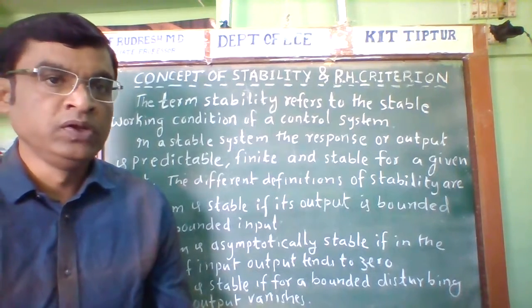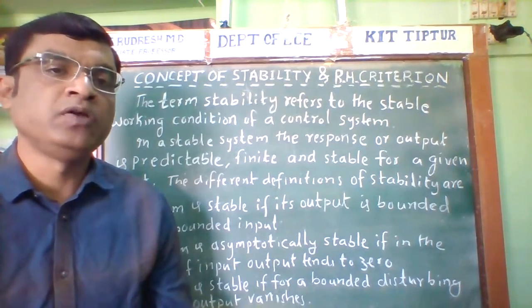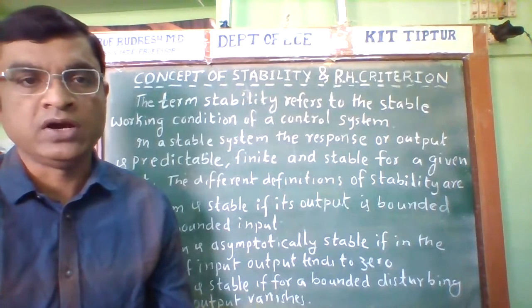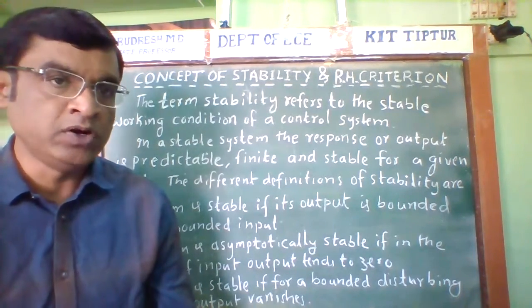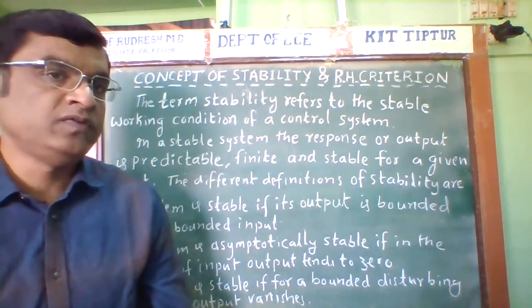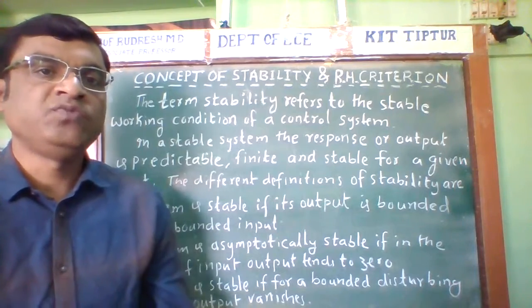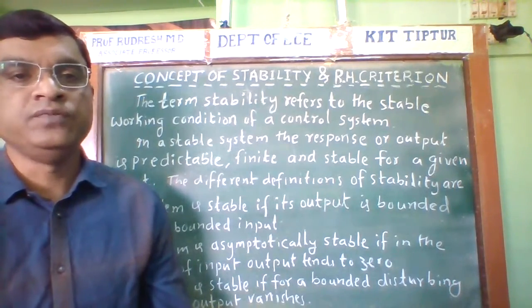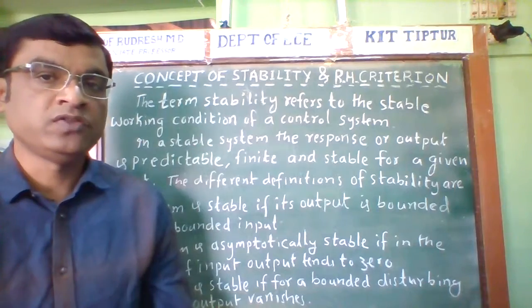In Module 3, we studied the time response analysis of a control system, and also error analysis. Another important topic of the control system is that once we design the control system, we need to verify the stability of the system.